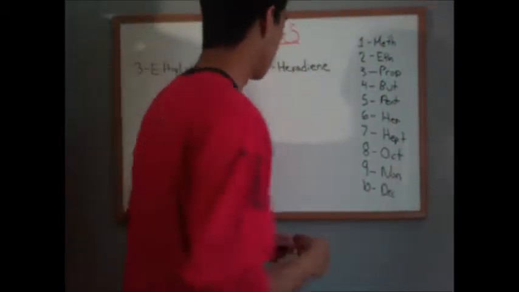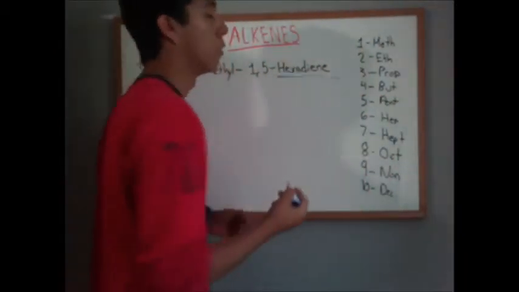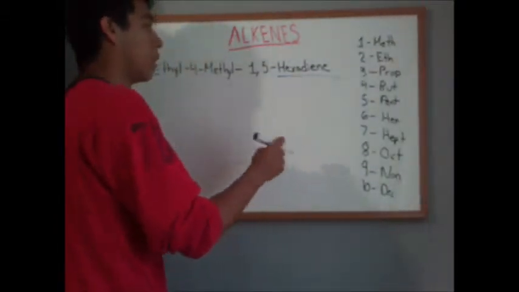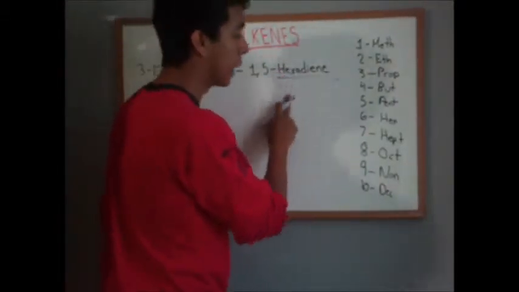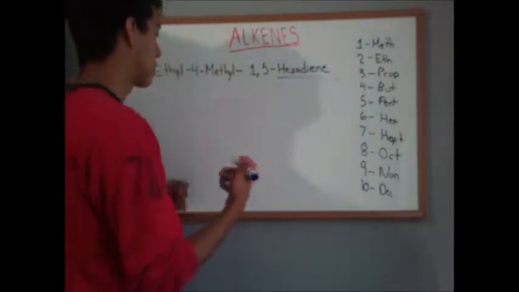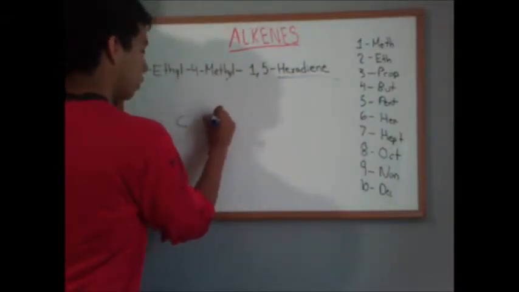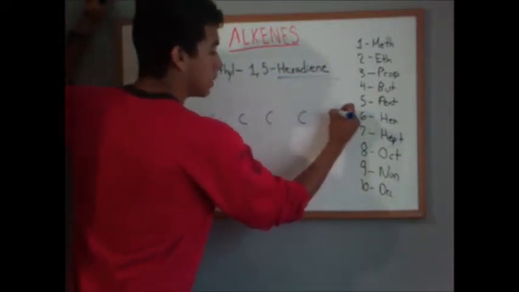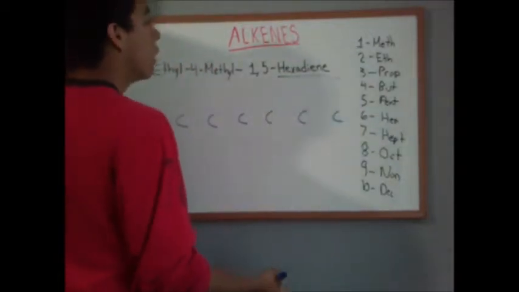First we're going to focus on the name of the parent chain. Well, not the longest chain, the parent chain. It has the prefix hexa, so it's going to be 6 carbons. 1, 2, 3, 4, 5, and 6 carbons. Okay.